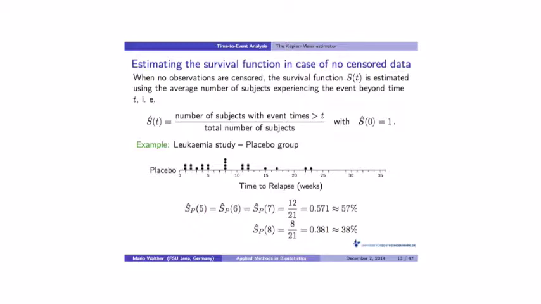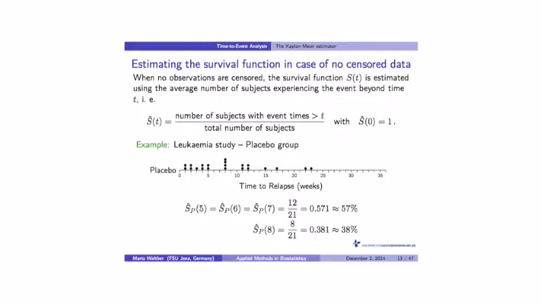So 4, 6, 8, 10, 12. Subjects relapsed after 5 weeks. And the total number of subjects in the placebo group is 21. So the survival probability at 5 weeks is in this case about 57%.